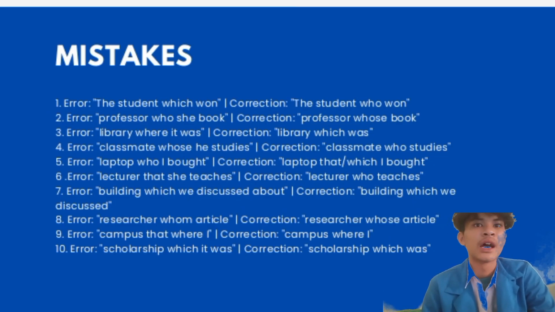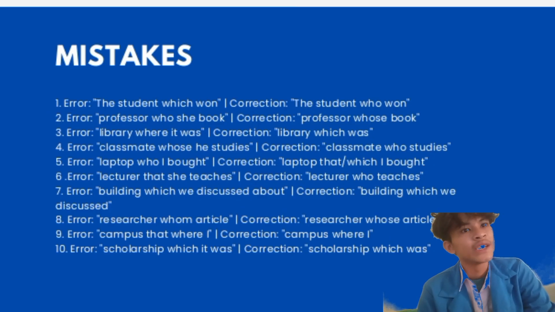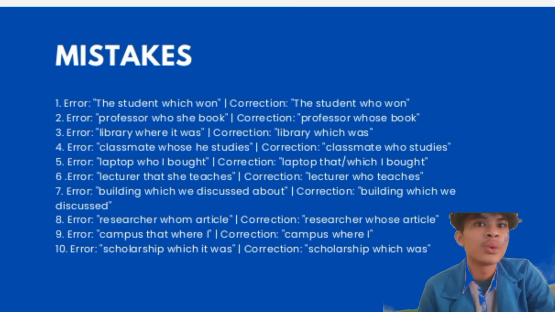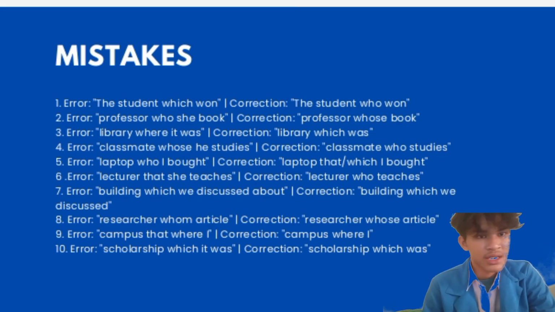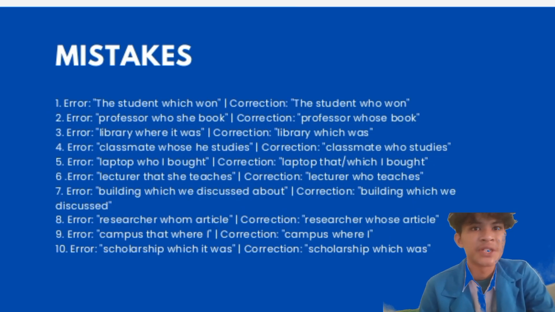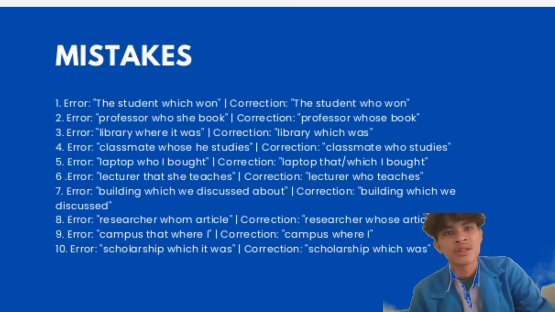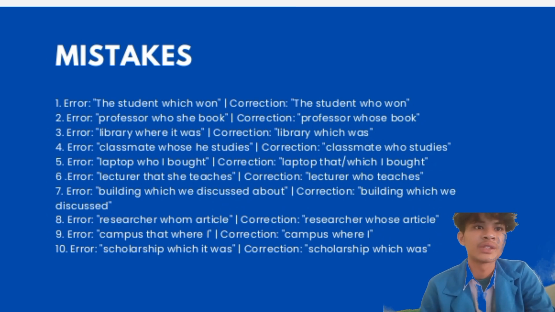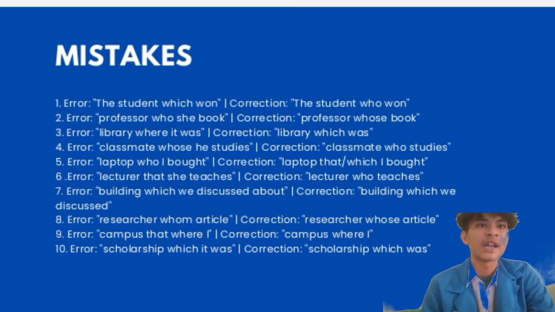Number 7, error, building which we discussed about, and then the correction, the building which we discussed, about is an addition in here. Number 8, researcher whom article. The correction, researcher whose article.